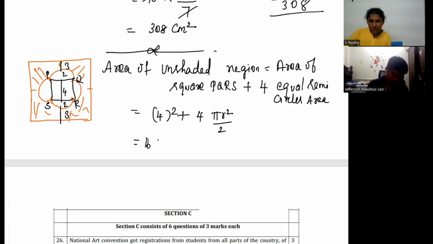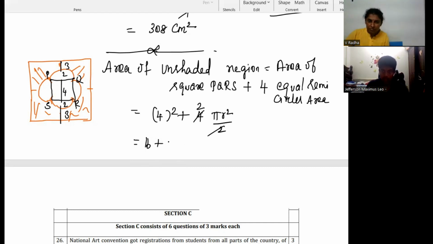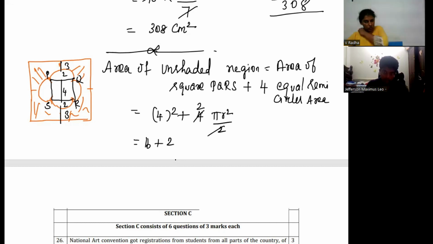The 4 cut gives 2. This is 2. Ma'am, I got 41.15, because 22 by 7 into 2 into 2 is 4.